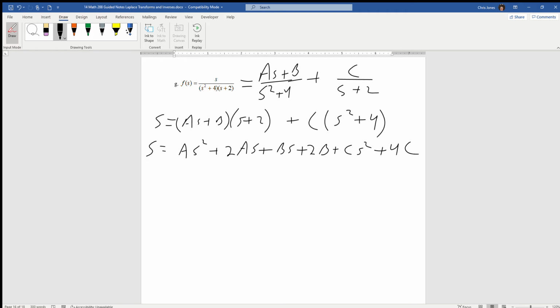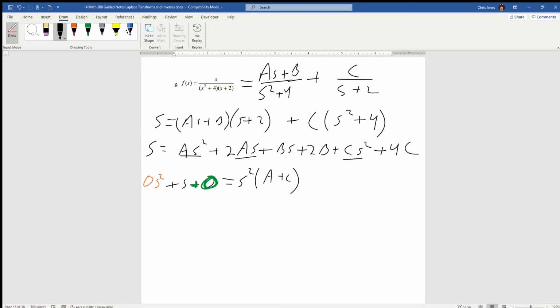Now what we can do is group the like s powers and match them up to the left-hand side. It might behoove us to write the left side as 0s squared plus s plus 0, and that way we're set up nicely to create our system. On the right-hand side, we have an As squared and a Cs squared, so we can write this as s squared times (A plus C).